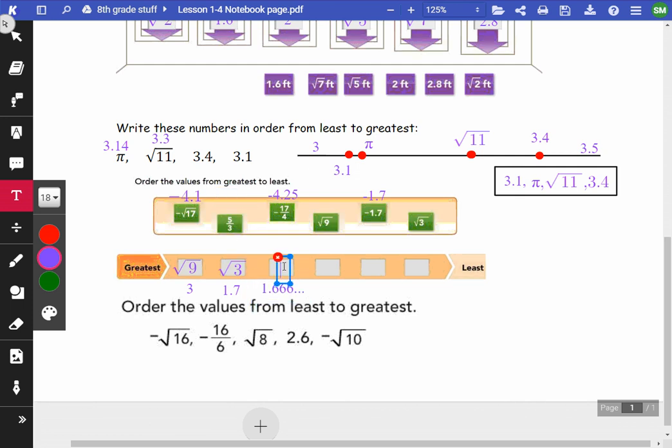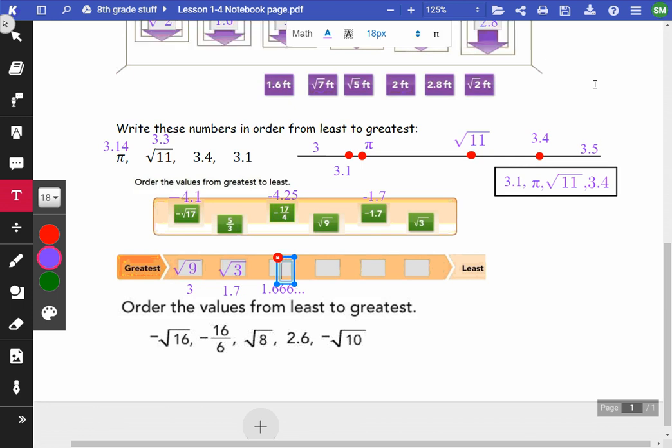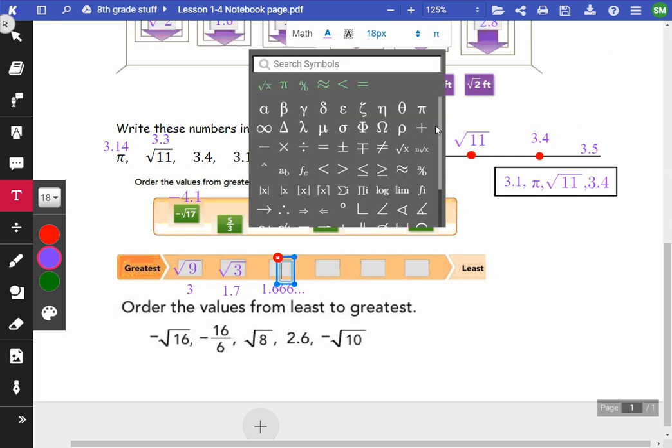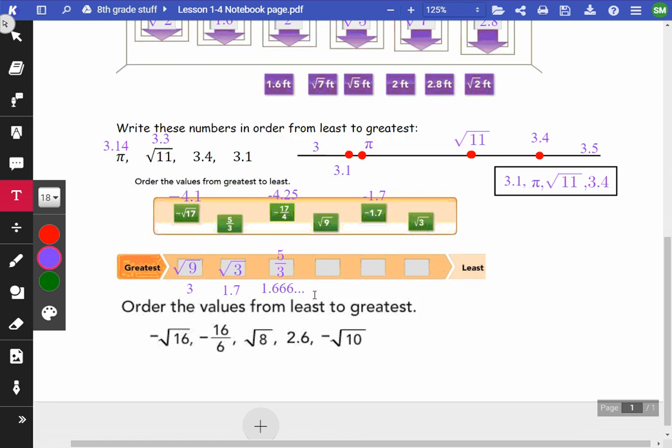Right there, only I'm calling that 5/3. If you go to your symbols, you can put in a fraction if you choose, where is it? Right here. A over B. It's right next to the approximately equal to. So I've got 5/3. And we can put that right there. 5/3.